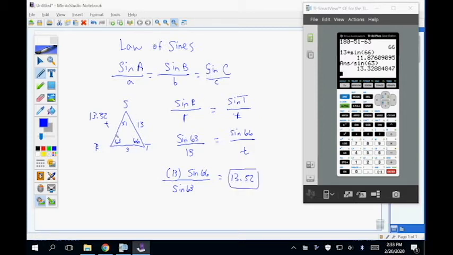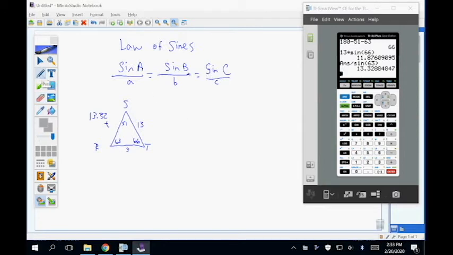Now to find side S, we set up a similar thing. We're still going to use sine R, and R is 13.